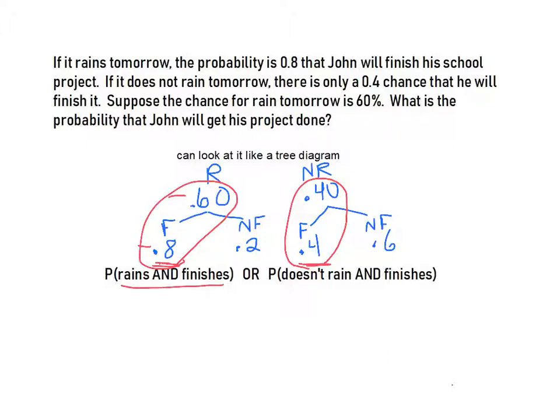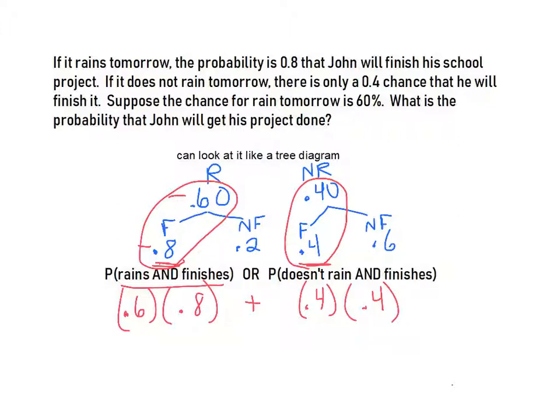That's what this is right here. I wouldn't probably do the big tree diagram. I would just kind of say this in my head or write it or whatever. Probability that it rains is 0.6, and, so that means I'm going to multiply, he finishes 0.8. I would multiply those things together. Or the other option, so that's a plus, the probability that it doesn't rain, that's 0.4, and, so I'm going to multiply, he finishes his project.